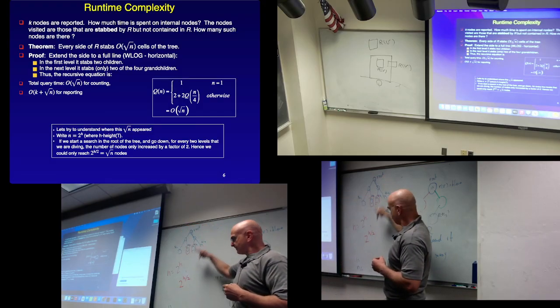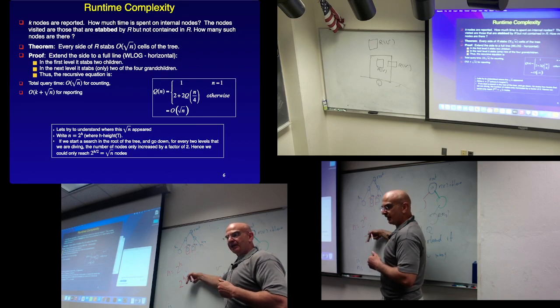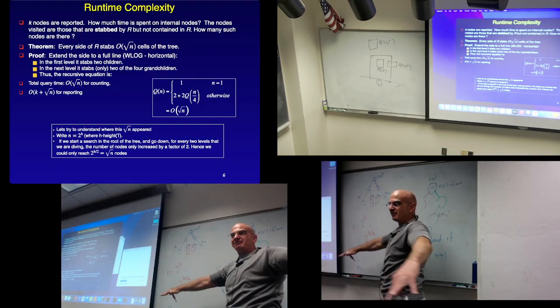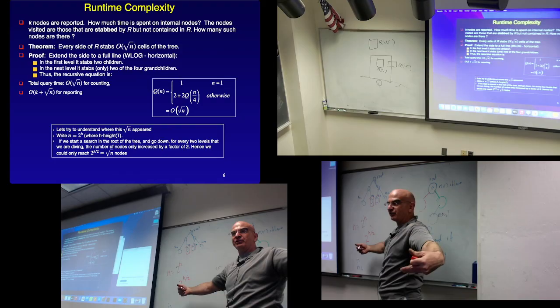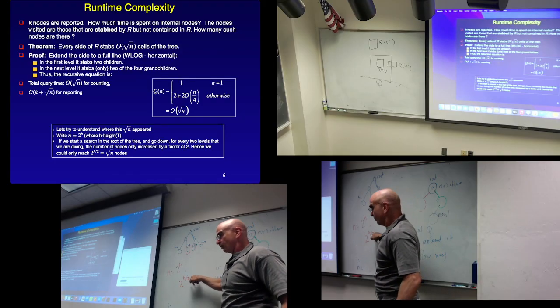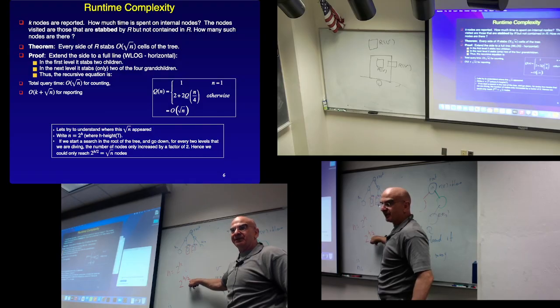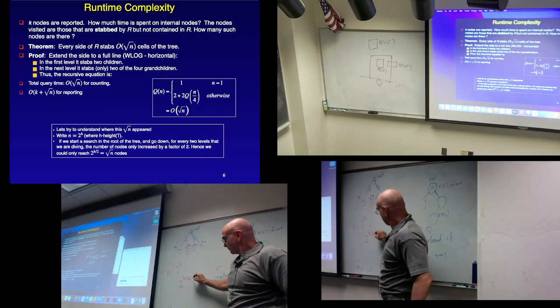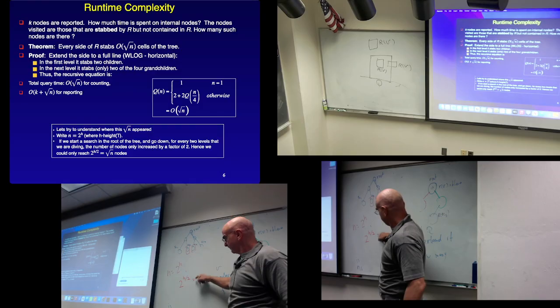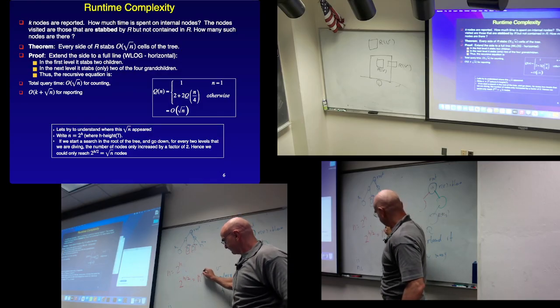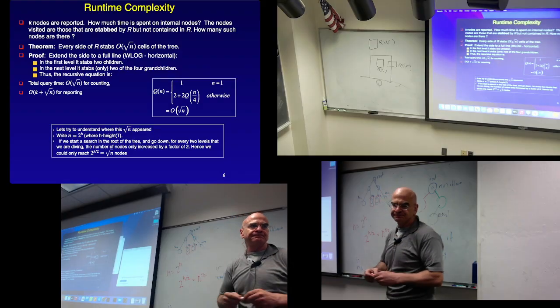On every 2 steps, you're only doubling the number of nodes that you're visiting. Again, you're splitting by 4, but you're visiting only 2 of them. So how many nodes can you visit? 2 to the height of the tree divided by 2. What is 2 to the h? It is n. So n half is square root of n.